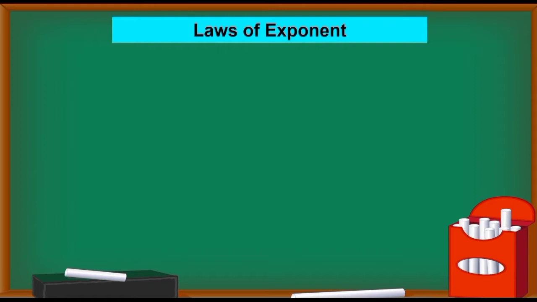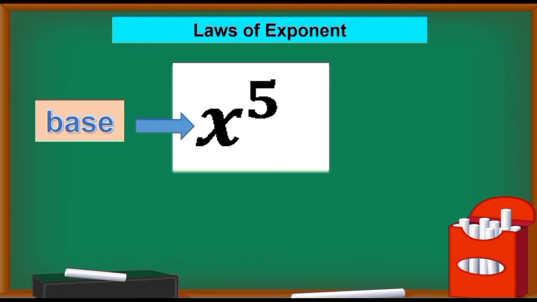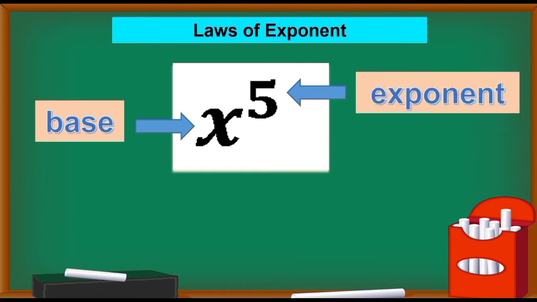So, dapat alam natin kung ano yung mga term na ginagamit natin. Given po ang ating algebraic expression na x raised to 5. Alamin natin ano po ba ang tawag natin sa bawat given. Ang tawag po natin dito sa x ay base. And then, ang 5 ay exponent.